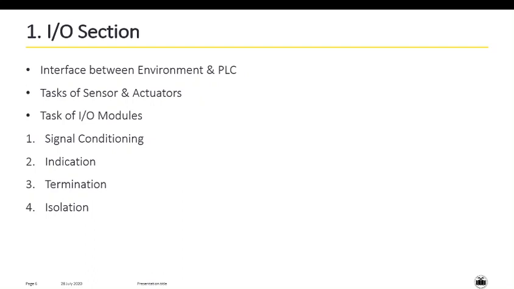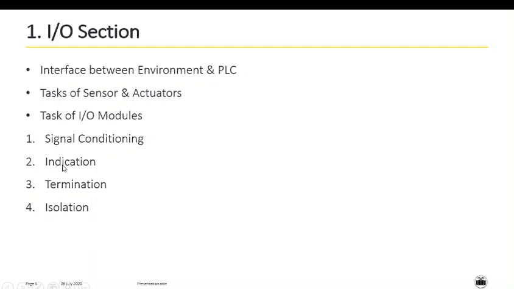So there is no match between the 1 volt and the 12 volt. So we have to amplify this signal from 1 volt to the 12 volt. This amplification of the signal will be done by the input module. Either attenuating the signal or amplifying the signal, this kind of thing is done by the IO cards. So the signal conditioning activity is done by the IO module.